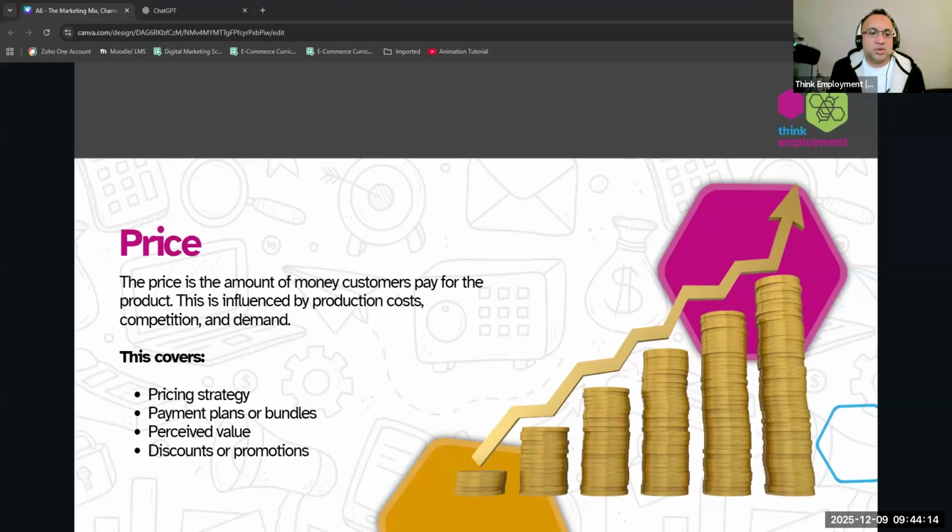And discounting as well, obviously. TK Maxx, for example, if you think about it, a lot of big brand names are sold there. So you can buy t-shirts, you can buy jackets, you can buy trousers, you can buy handbags, all for a discounted price because they're last season's fashion, right? So that's another thing. It's still getting exposure.